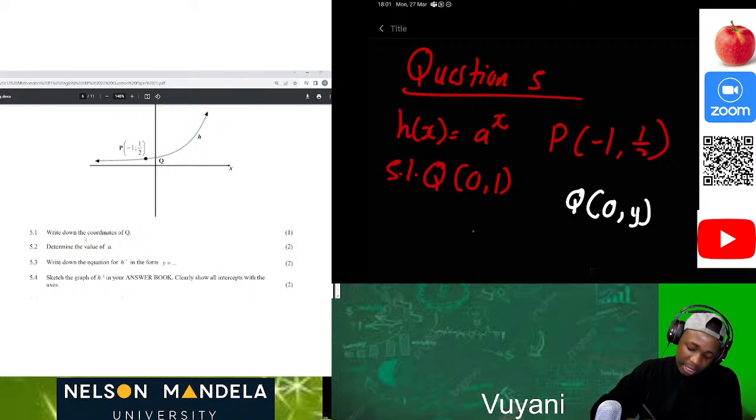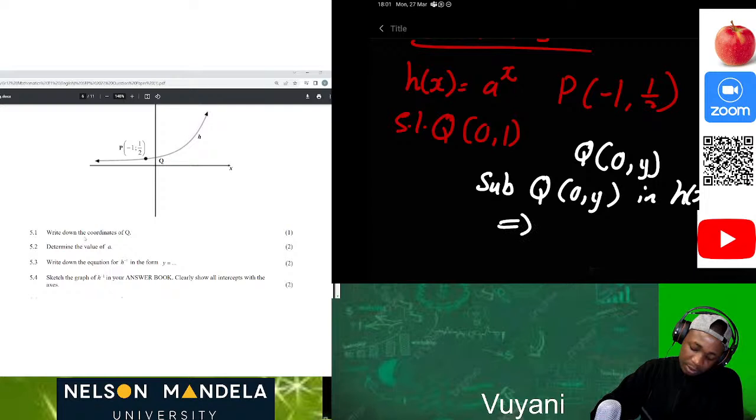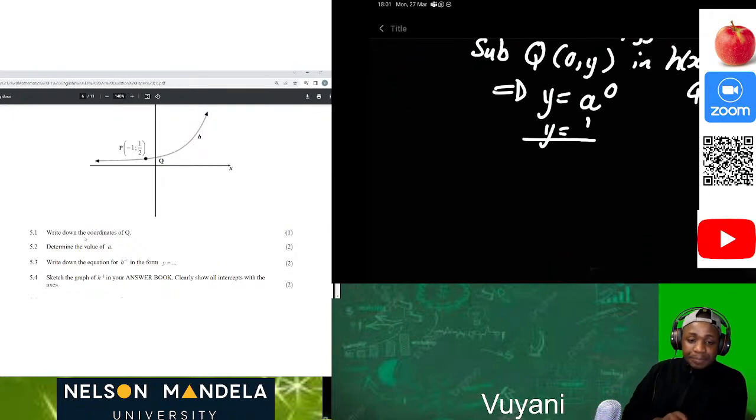If we substitute x = 0 in h of x, then y will be equal to a to the power 0, and anything to the power 0 is equal to 1. So that's why Q is (0; 1). Those are easy marks for you guys to collect.